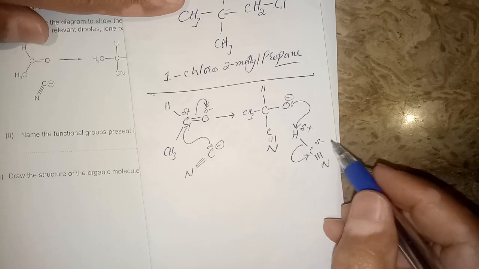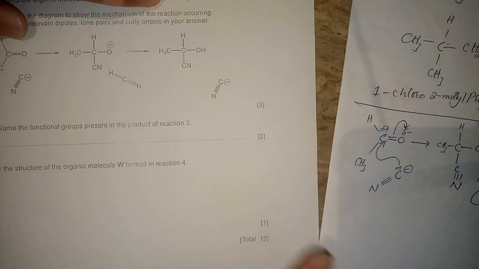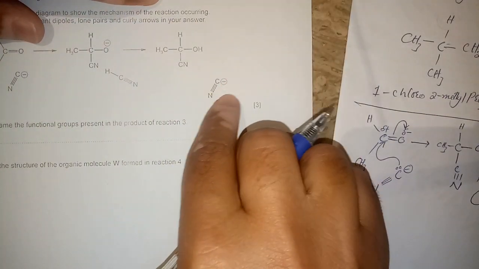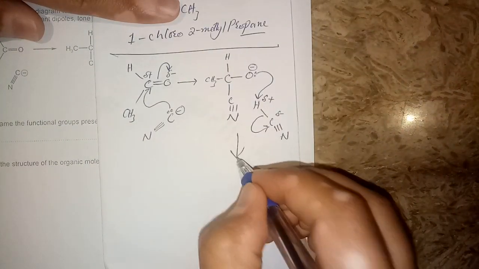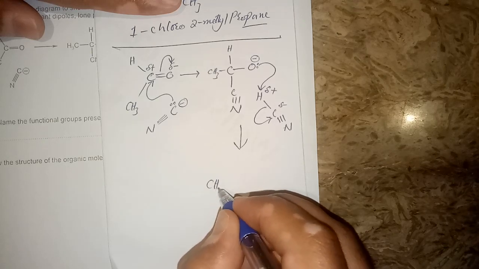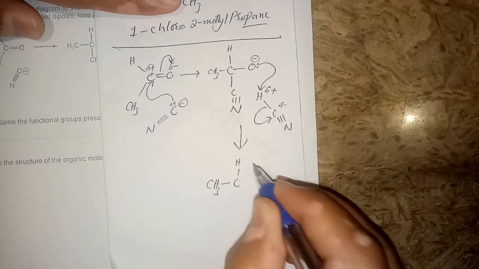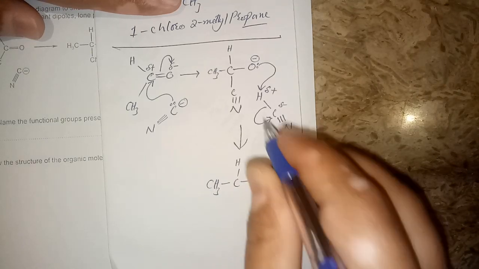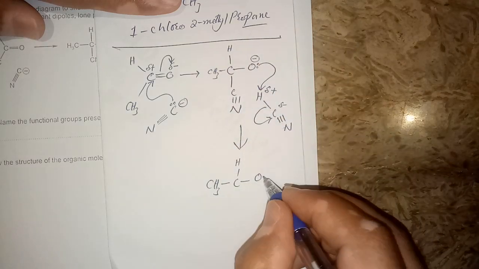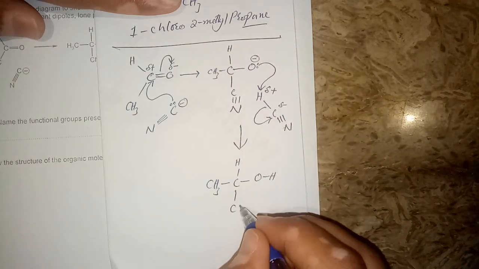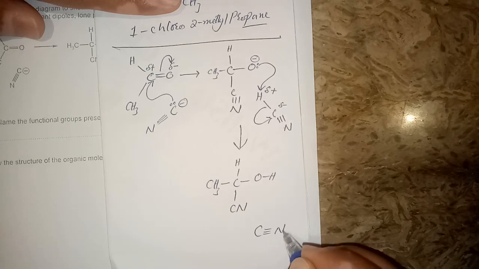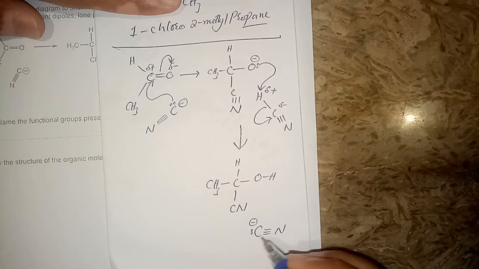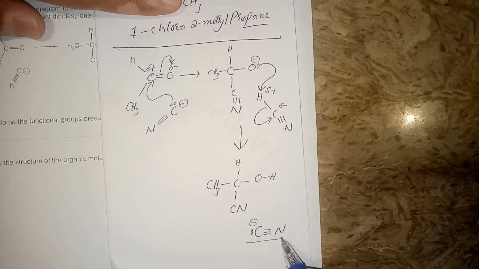As a result the CN ion, the cyanide ion, is generated again. So what we get is CH3, H, and O, which due to the connection with H makes an OH bond, and here we have CN. And the C triple bond N with a negative charge and a lone pair of electrons is regenerated.